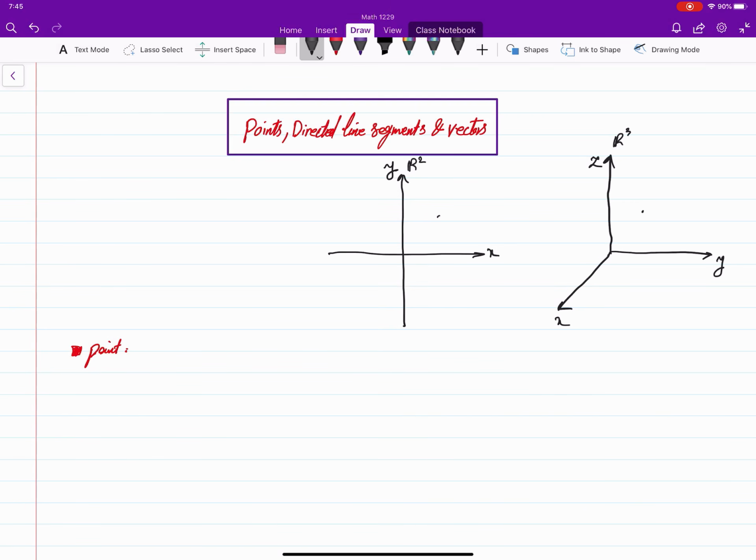So here in this case, every point can be identified by its coordinates. What are the coordinates? In the case of R2 it is just a pair of real numbers.